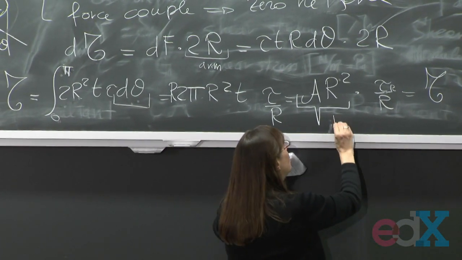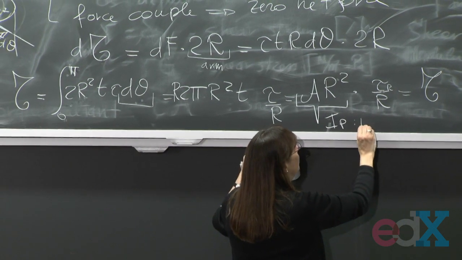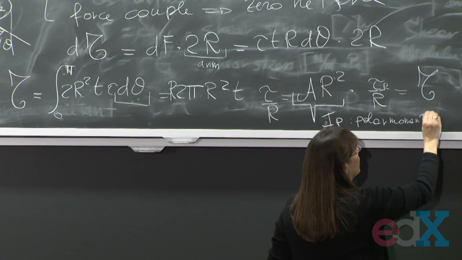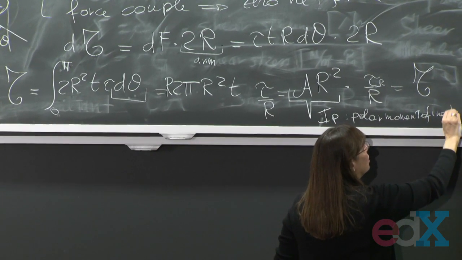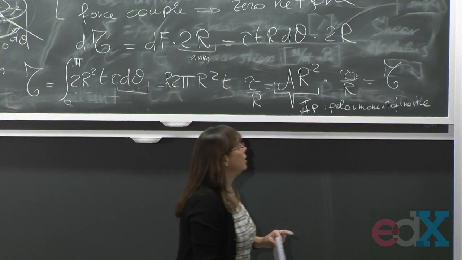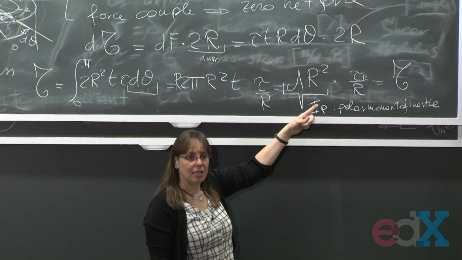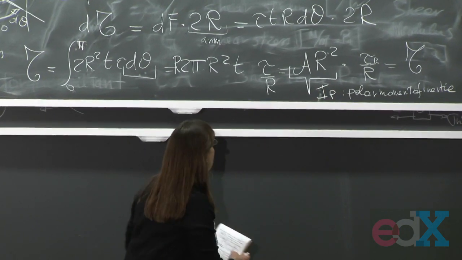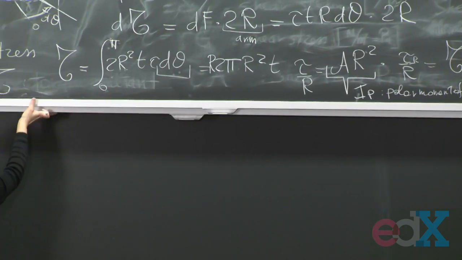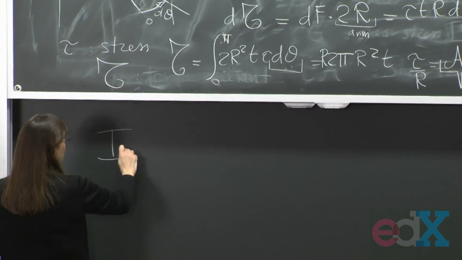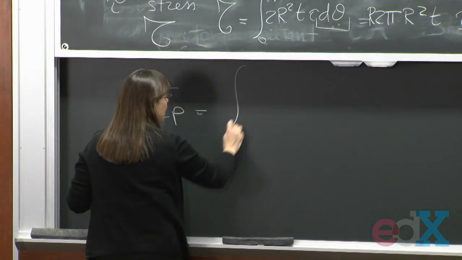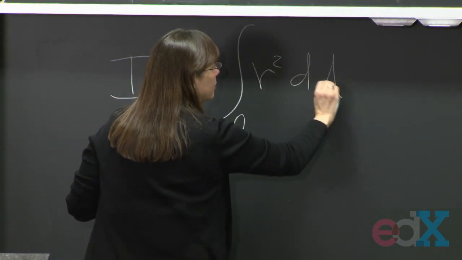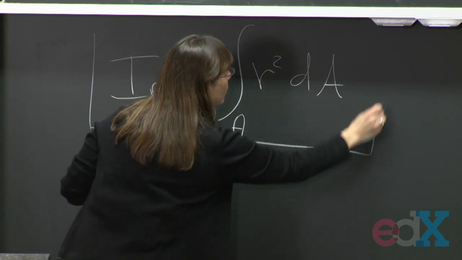It's called the polar moment of inertia, IP, polar moment of inertia of the cross-section A. The area times the distance at which it is. If your area is at different distances, and we're going to do this on Thursday, the general equation for the polar moment of inertia IP is the integral over the area of r squared dA. So that's the general one.